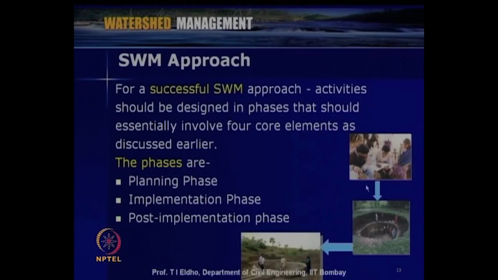There the institutions come into the picture, economics comes into the picture, and the people also come into the picture. People can contribute either through economic means or through their efforts. So, the second phase is the implementation phase.